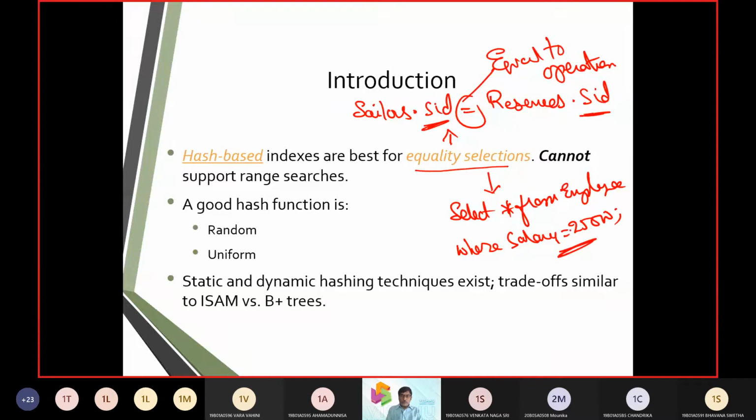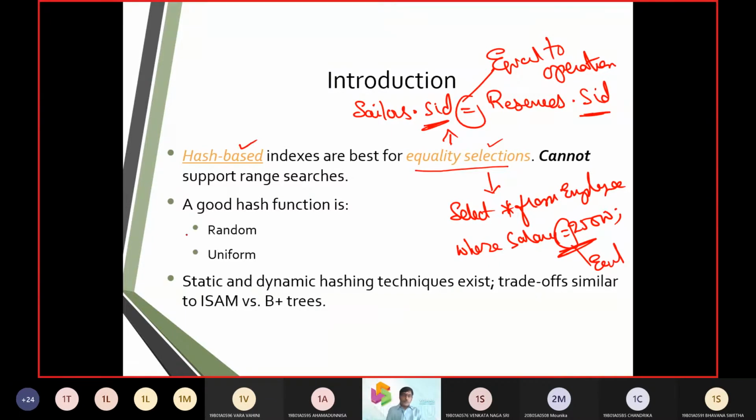So again you are going to make an equality selection, right? Hash based indexes are purely based on, or recommended for, equality selection. So when there is an equality selection, probably the hash based indexing works well.